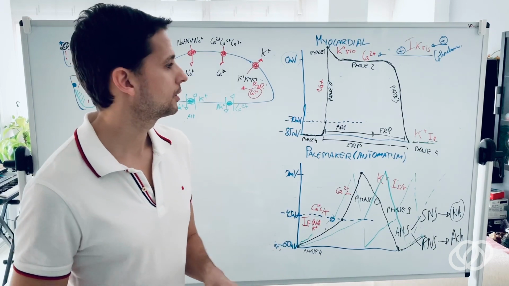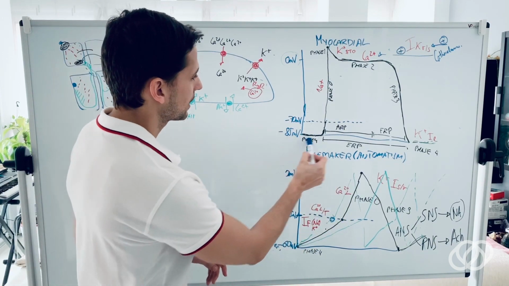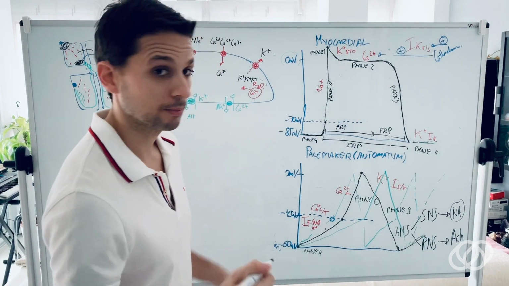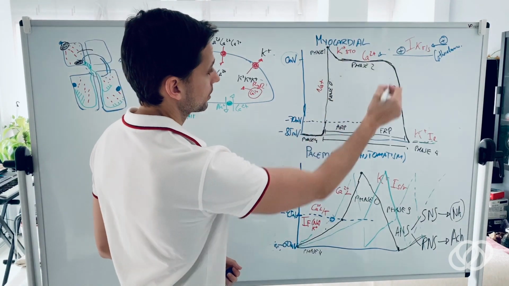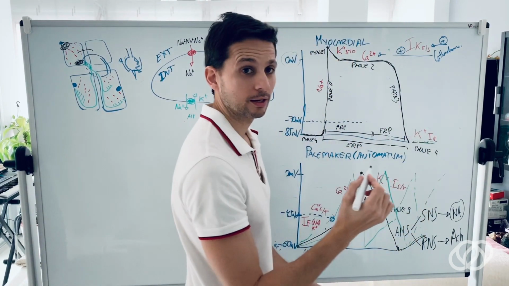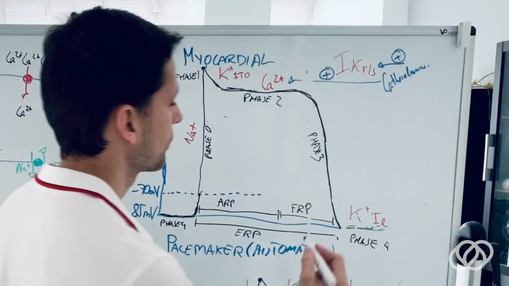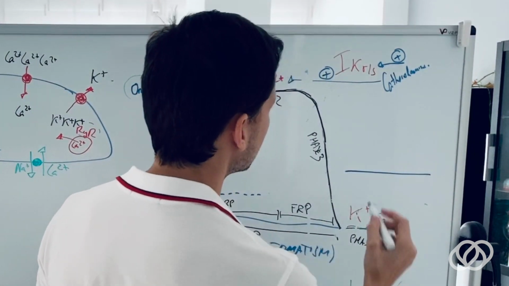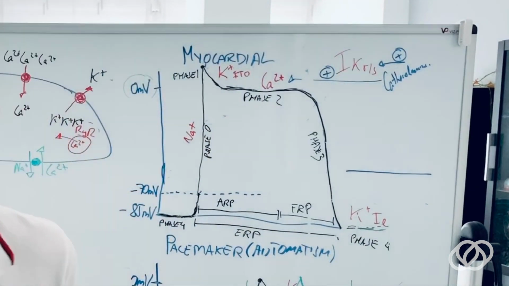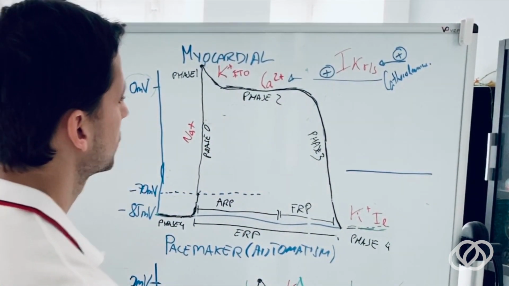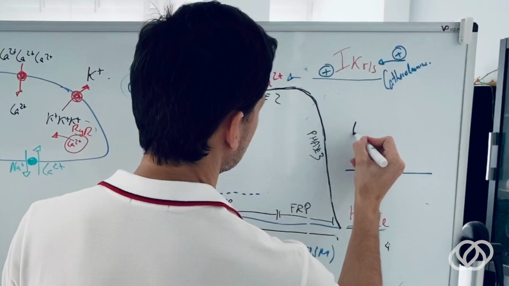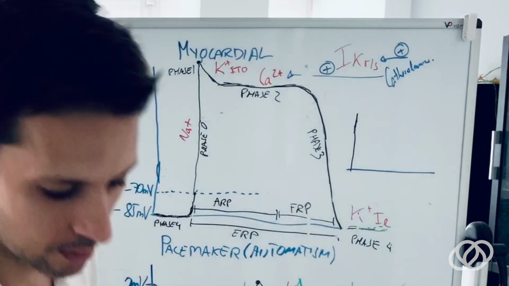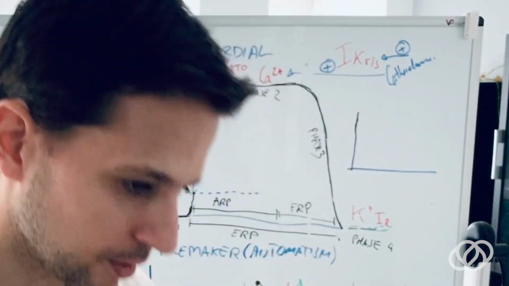Why does it happen? We have already studied the action potential. We could summarize this action potential in this kind of trapezoidal shape. The action potential can be divided into these depolarization parts, which mainly depend on sodium.